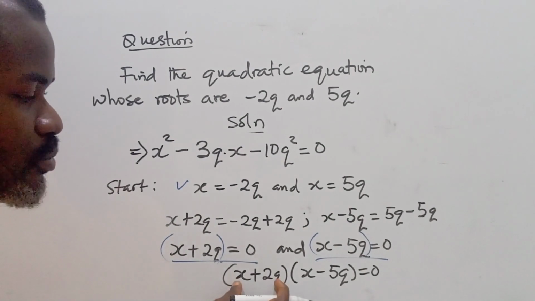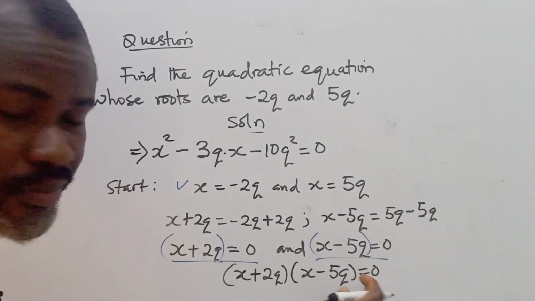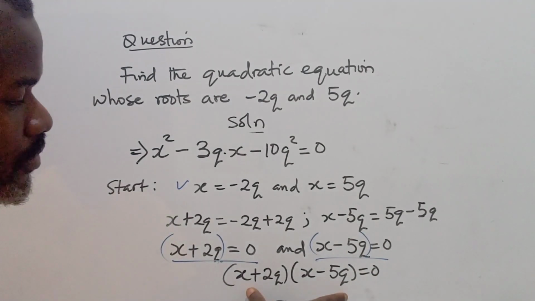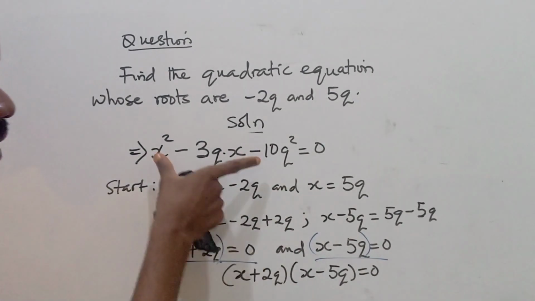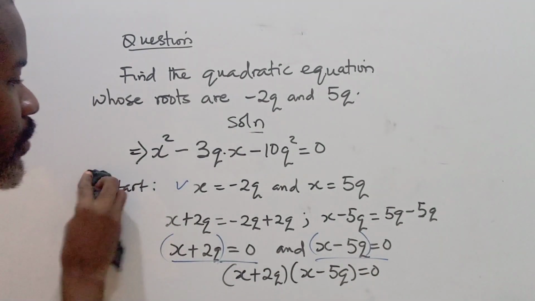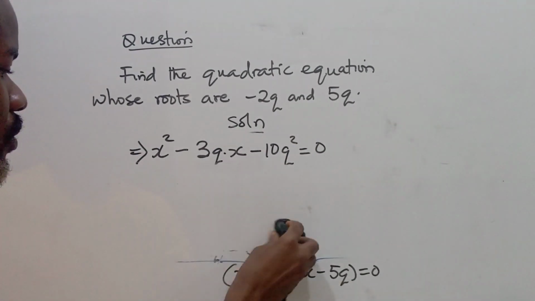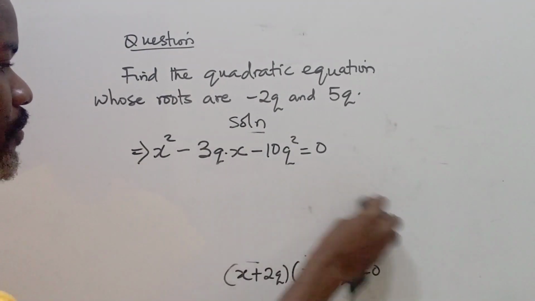The condition is that this multiplied by this must equal 0. So we can now open these brackets to get our answer. Let's open the brackets and see what we get.